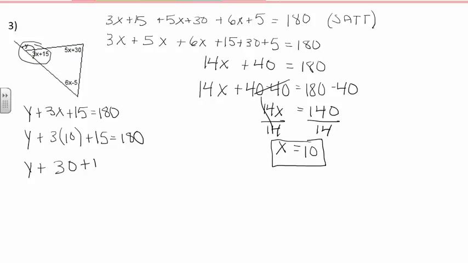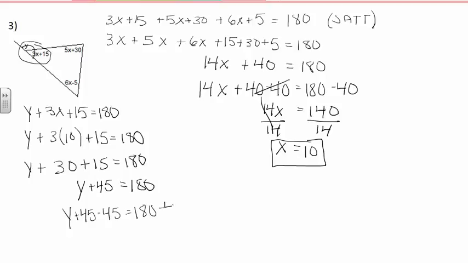So y plus 30 plus 15 equals 180. Y plus 45 equals 180. And we'll subtract 45 from both sides to get rid of the 45. And these will cancel out, and we are left with y equals 135.